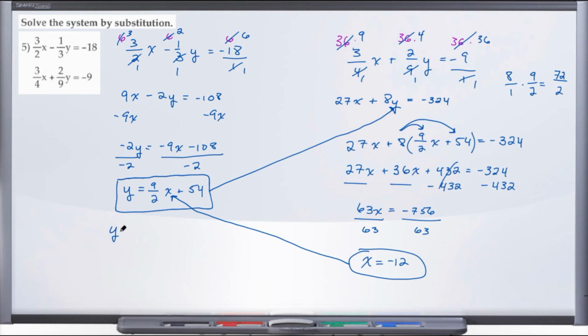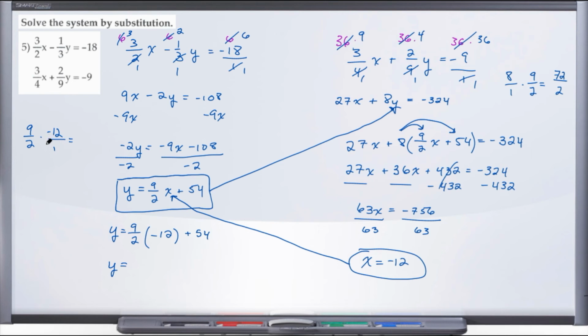So we have y equals 9 over 2. We're going to plug in this newly found value of x. So plug in that negative 12 plus 54. Well, we have y equals, again, we're multiplying fractions here, right? So we're going to end up with 9 over 2 times negative 12 over 1.